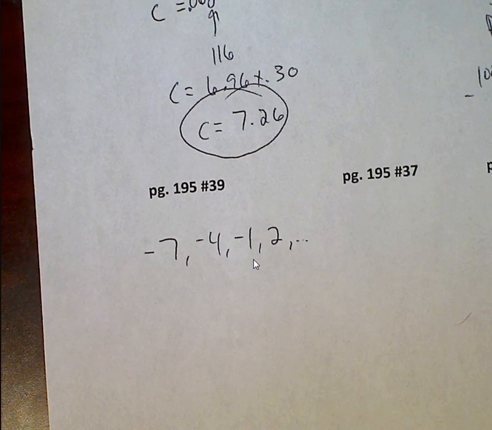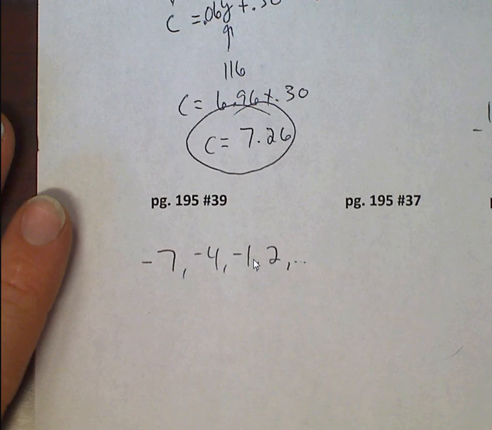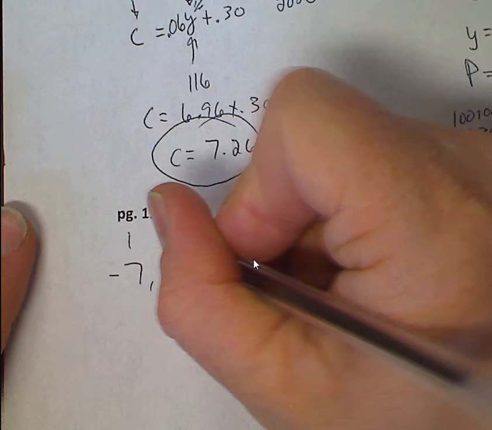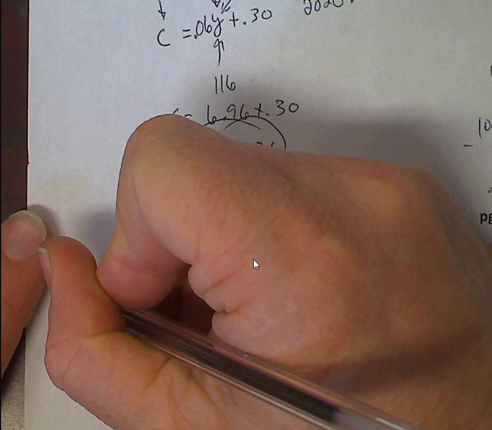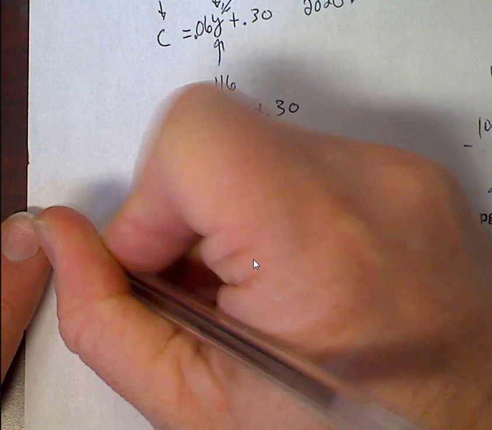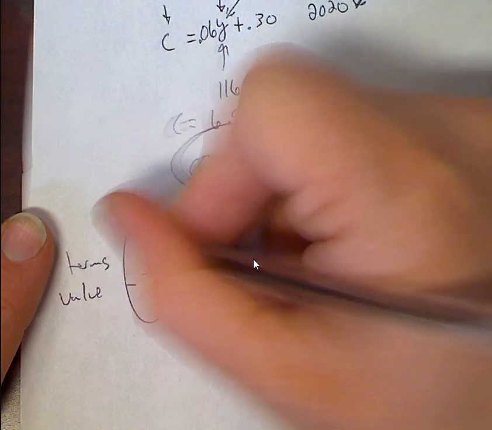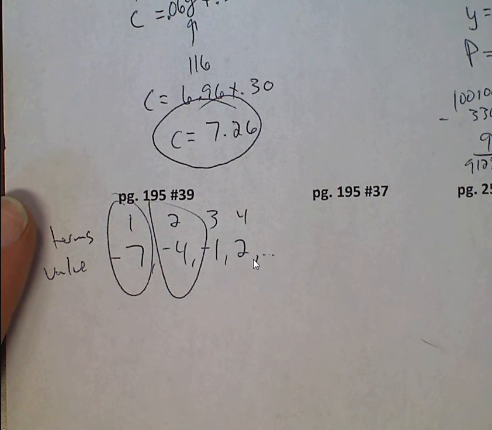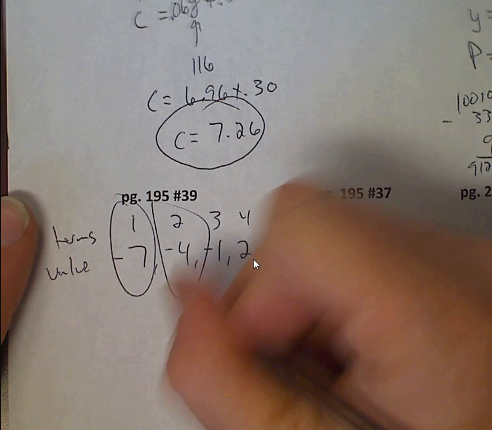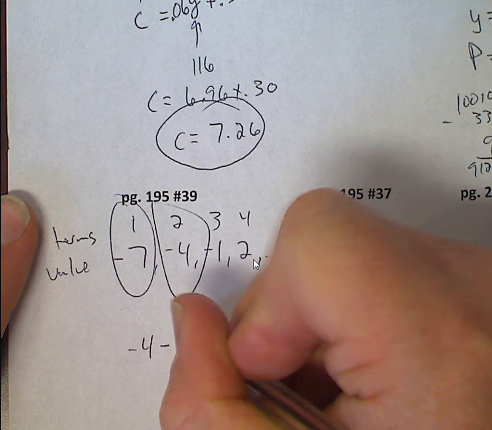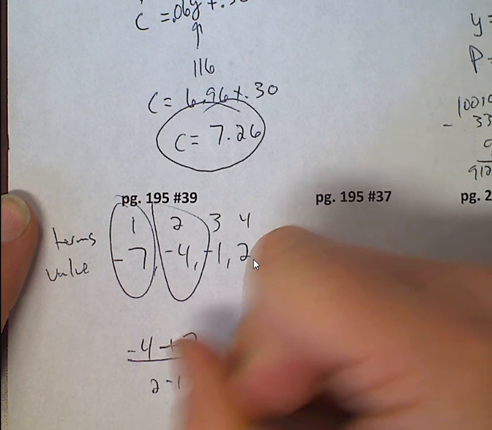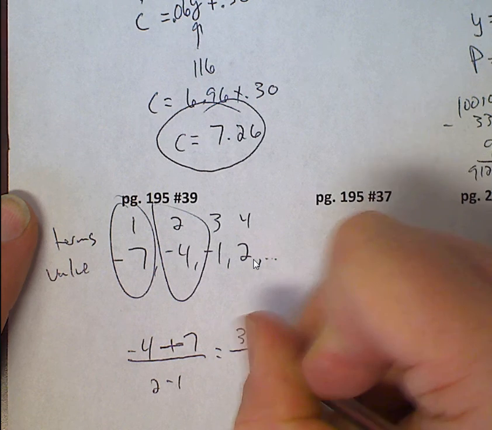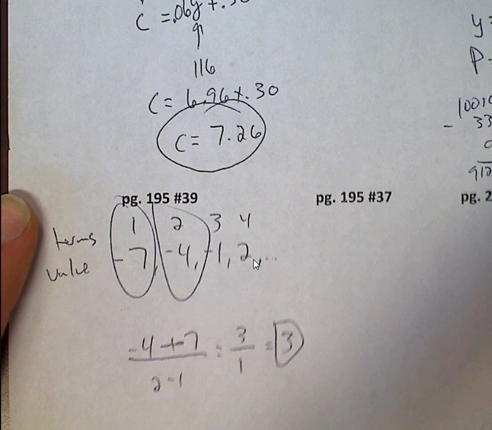So in order to find the equation, first I need to label 1, 2, 3, 4. These are my terms, and this is my value. Now I have 2 points. If these are my 2 points, I find my slope. -4 minus -7 over 2 minus 1 is 3 over 1. So that's 3.